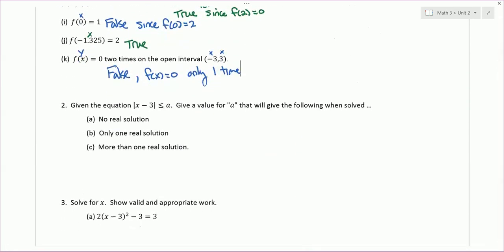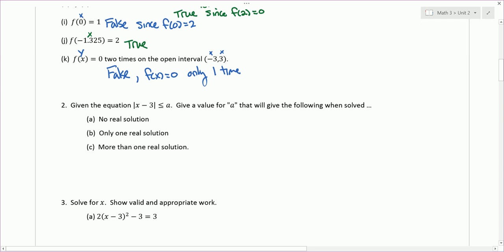All right, number 2 asks us to give an equation. Given the equation, absolute value of x minus 3 is less than or equal to a, can we give a value for a that will give the following when we solve it? First of all, we want a value for a that will give us no real solution.